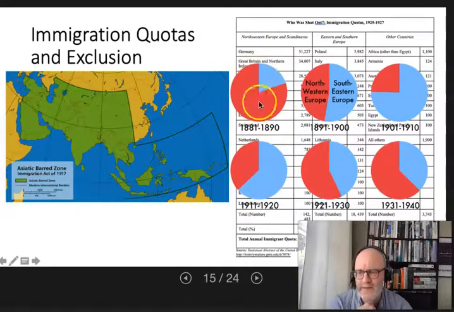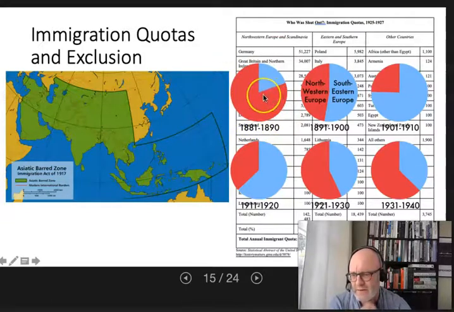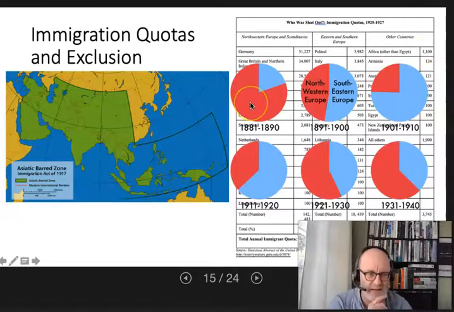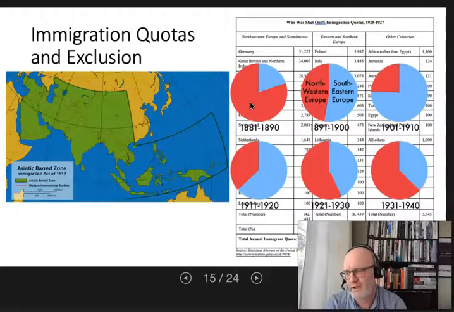And this is why they peg the numbers to the 1880 census in 1924. They don't peg it to the 1920 census because that would look like this, right? They don't peg it to the 1910 census because that would look like that. They go all the way back to 1880, and they make the percentages based on that year. So obviously, this is a pretty transparent attempt to make immigration whiter, more Northern European, more Western European.